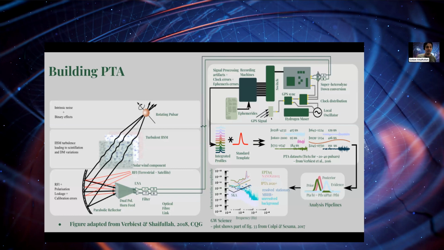You can then get into the signal processing end of pulsar timing arrays, which you will almost never hear about. You need these very high-speed conversion systems where the electromagnetic signals from the sky, which have been converted into electrical signals by the front end, by the horn and low noise amplifier, pipe down to the ground.